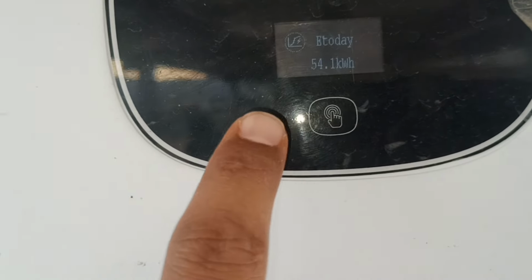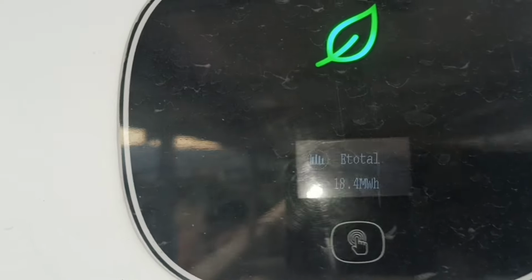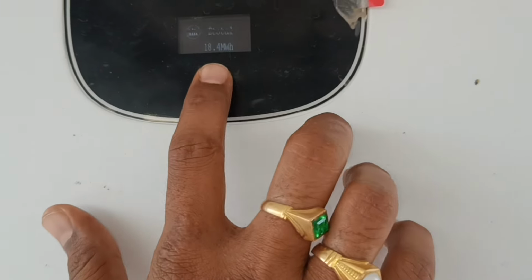The total power rated is 14 kilowatt, and today it has generated 54 units. From morning onwards it has generated 54 units, and the total energy generated till date is 18.4 megawatt hours, I mean mega units.